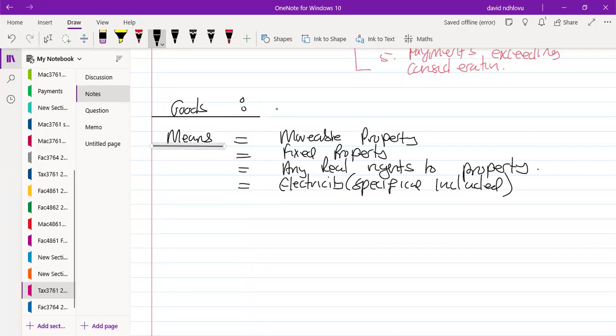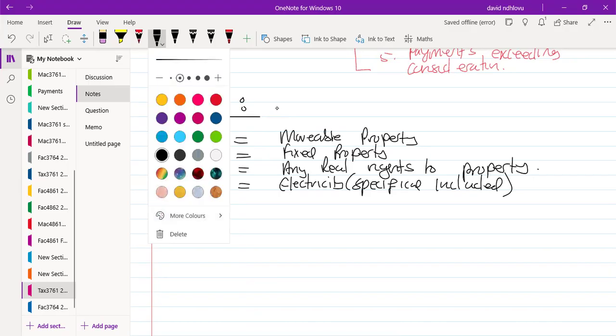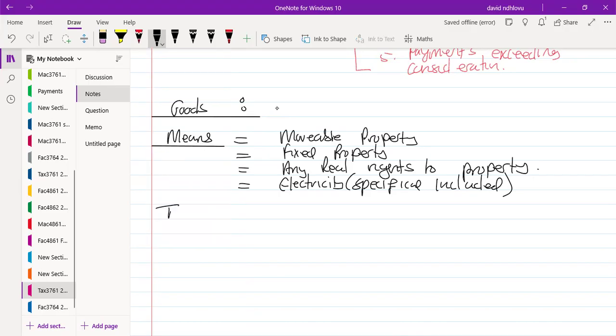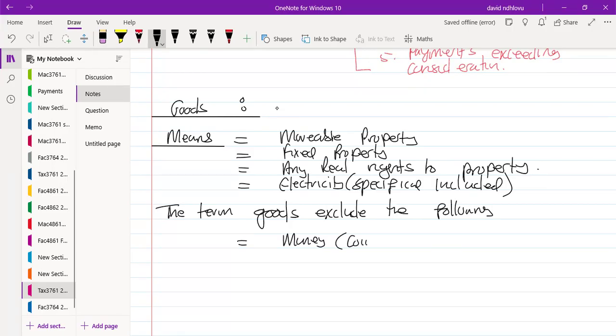So whenever there is a supply of any of these things mentioned above, it may attract VAT. The term goods excludes the following. The first thing that we have is money, both coins and notes.